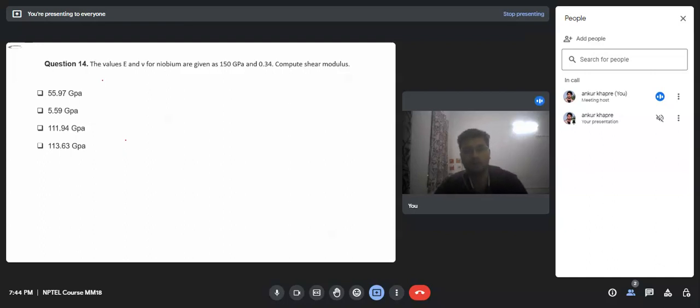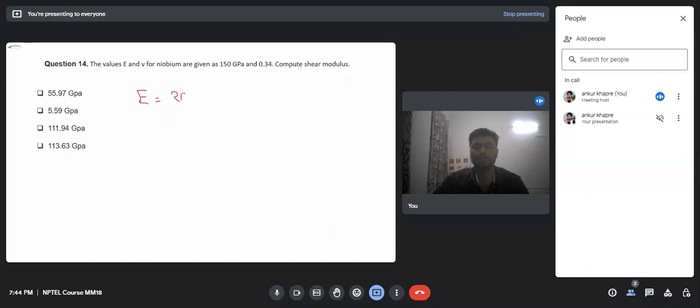For niobium they are given as 150 gigapascal and 0.34. Compute the shear modulus. The shear modulus formula is a very simple formula.